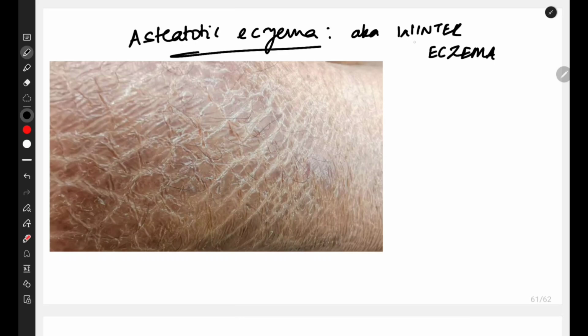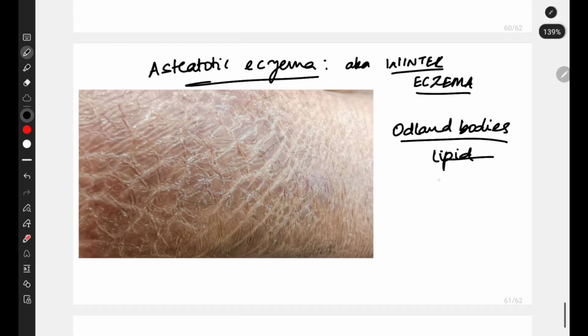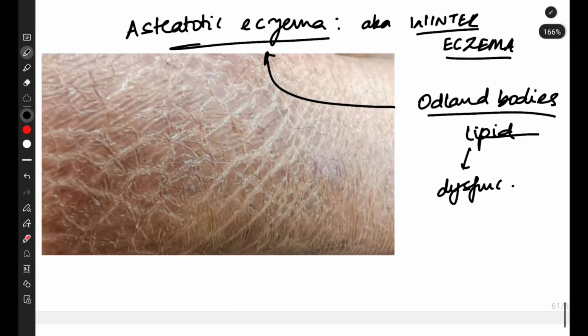We have always seen that there are some bodies called Odland bodies in the stratum granulosum, which produce lipids and protect the skin from water. But dysfunction of this will cause asteatotic eczema. So it is usually seen in winter seasons and in almost every elderly person.